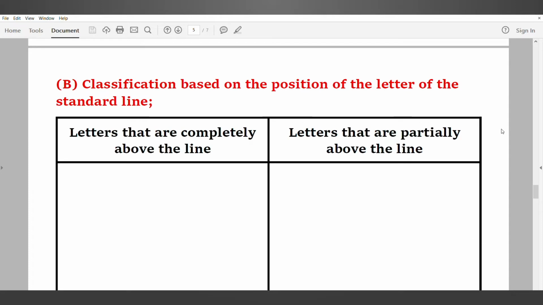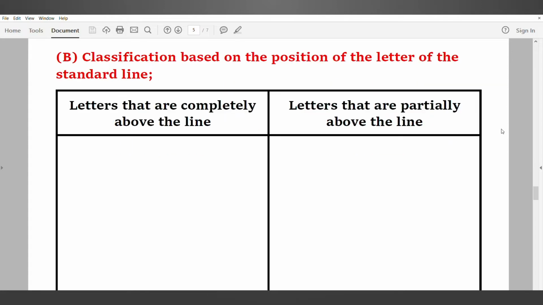The second table contains the second classification, which is based on the position of the letter. As we studied, the standard line is very important because it's just like the standard from which you measure or from which you write the letter correctly.